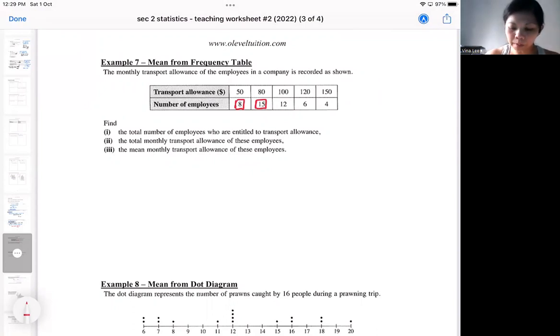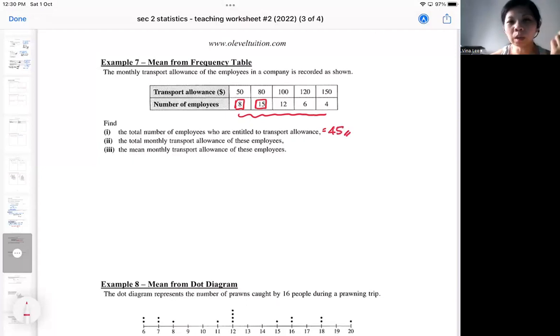Of course, please be able to interpret what the table is trying to tell you. We're going to answer the question: the total number of employees. That's quite easy. You just have to add up everything here, and in this case, I got 45 employees.